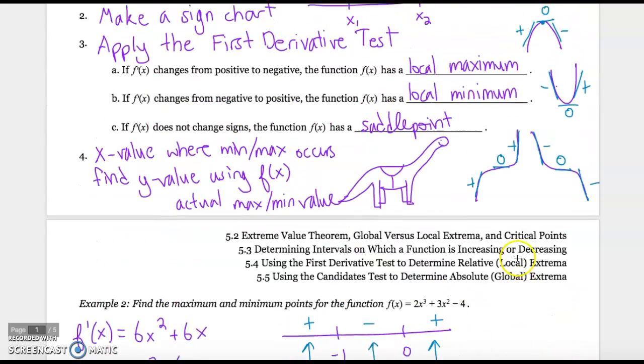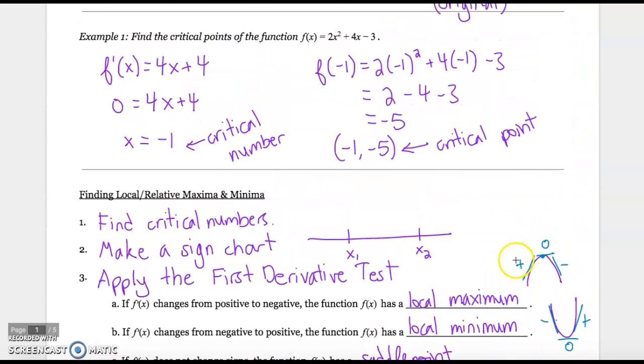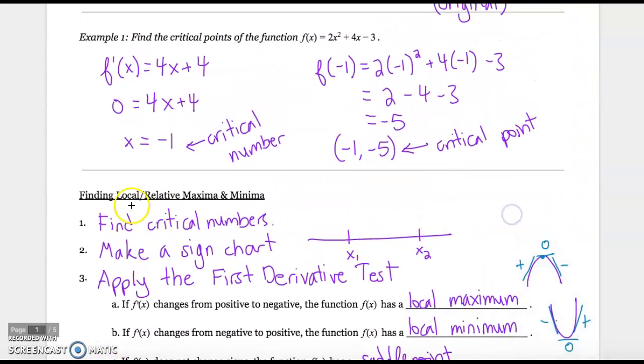One more thing that I forgot to clarify earlier: when we talk about relative or local maxima and minima, I just want to talk about what that means. This is mathematical terminology, and it means that in a particular neighborhood you have a maximum or a minimum point.